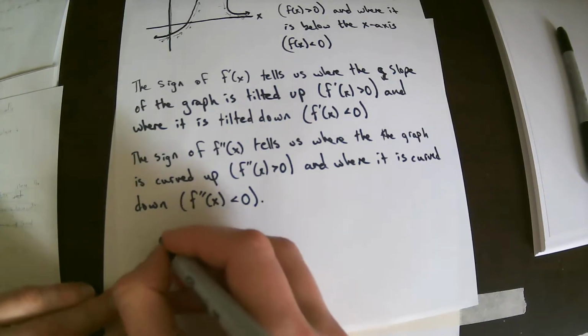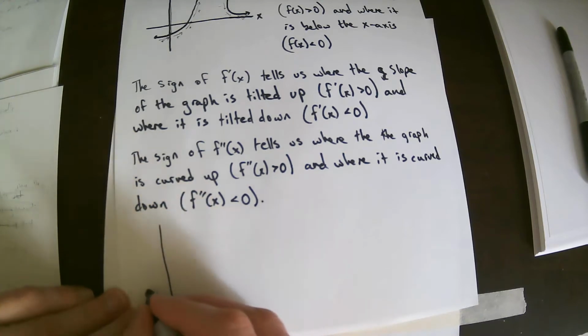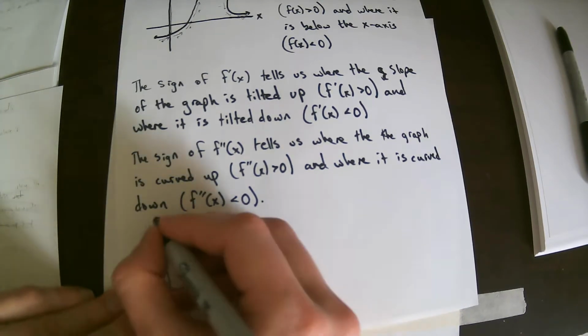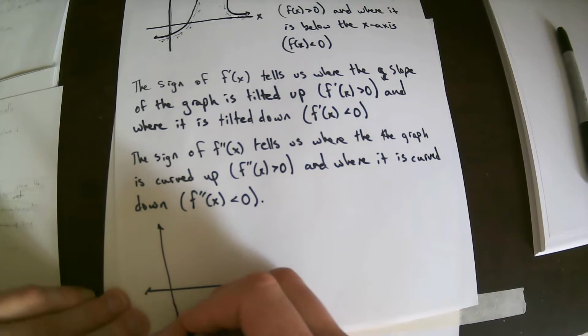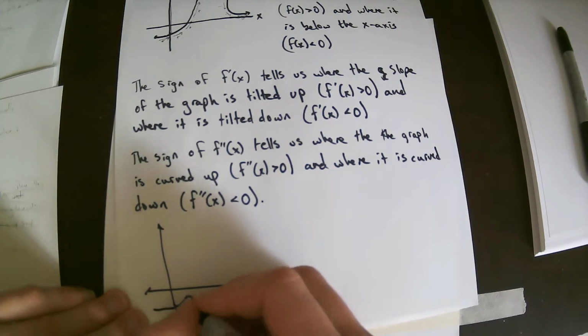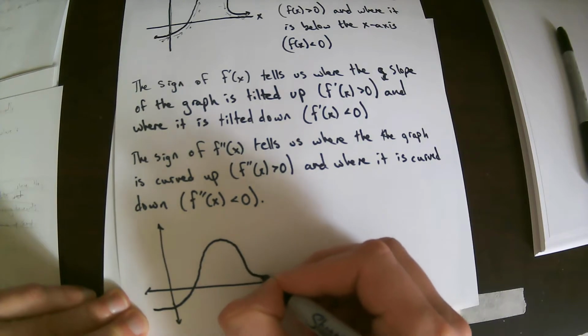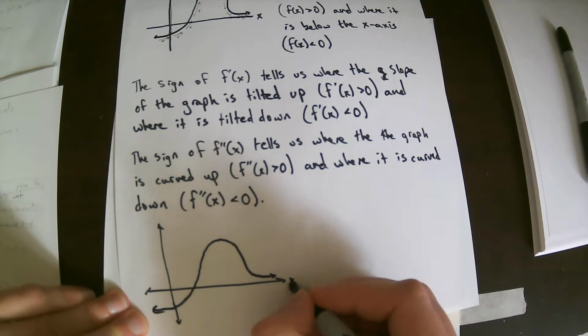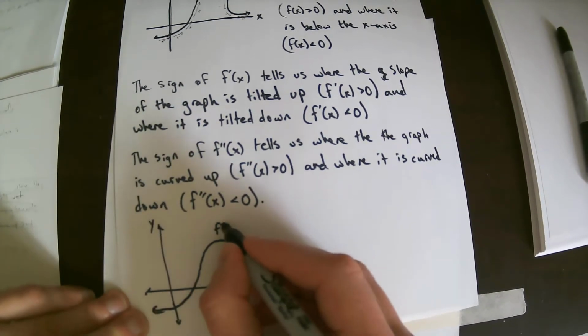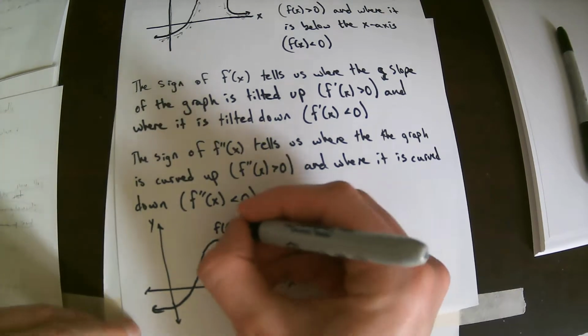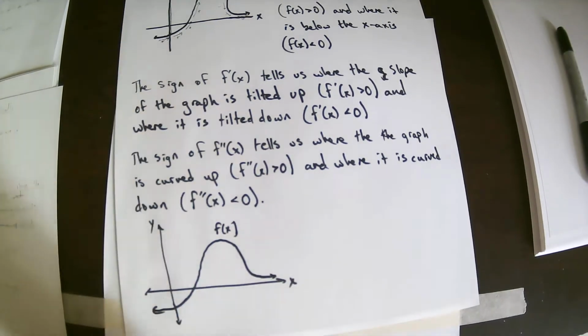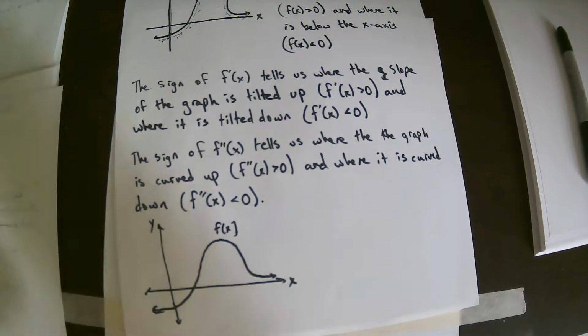So if I redraw this graph down here, it's roughly like this, and then it levels out something like that. So where is the graph curved up and where is it curved down?